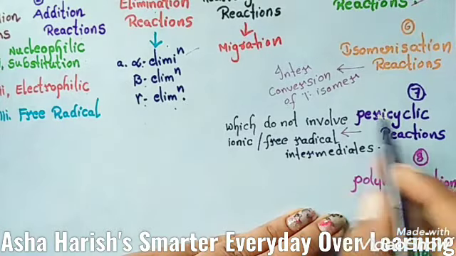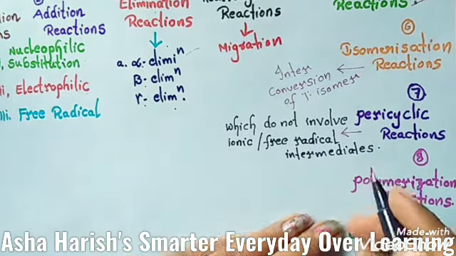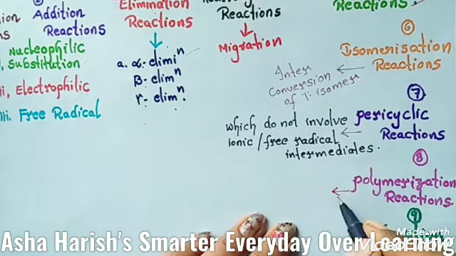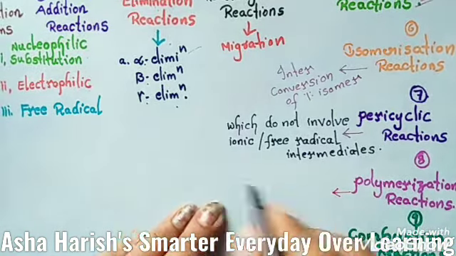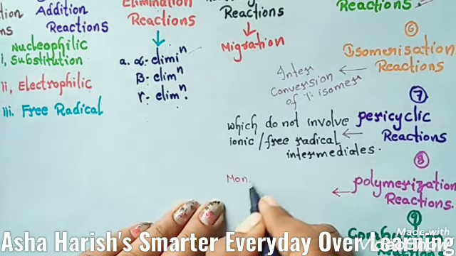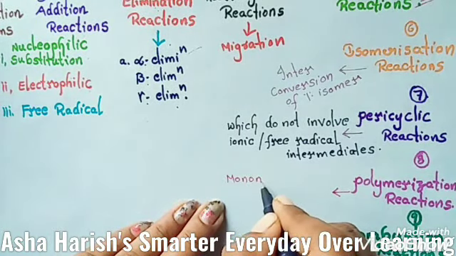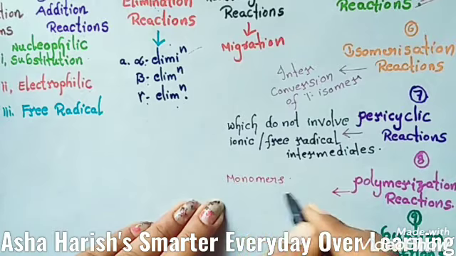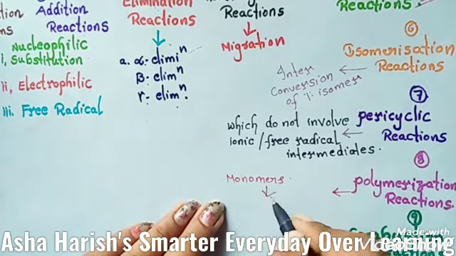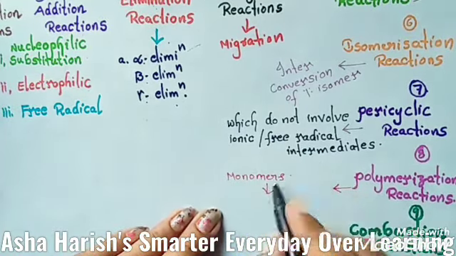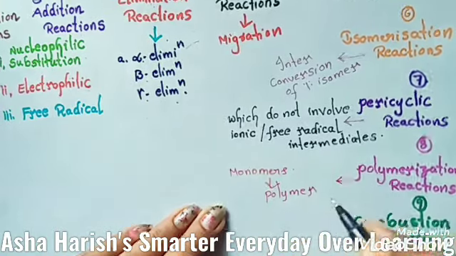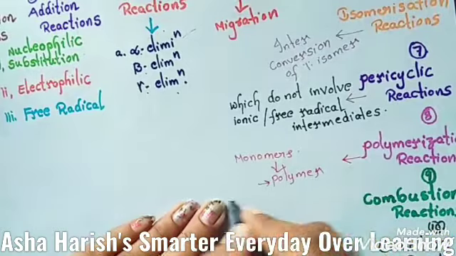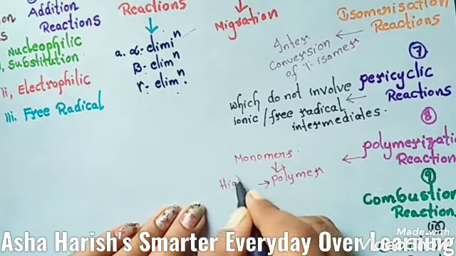These reactions involve the union of a large number of small molecules, just like monomers, to form a molecule with high molecular weight, nothing but a polymer.